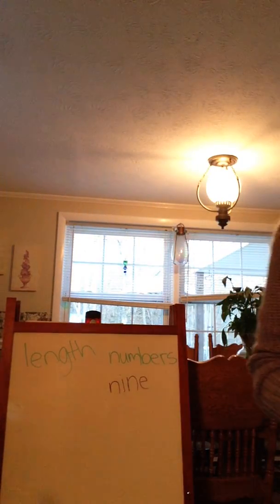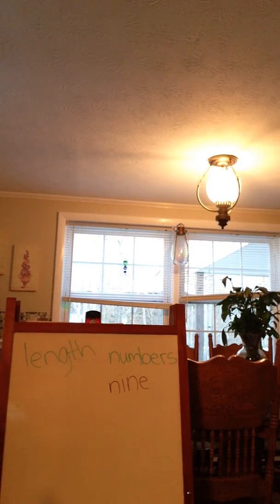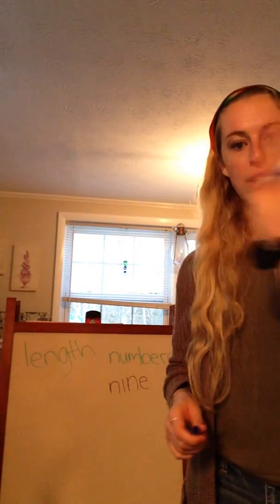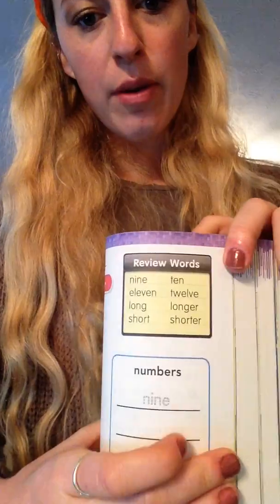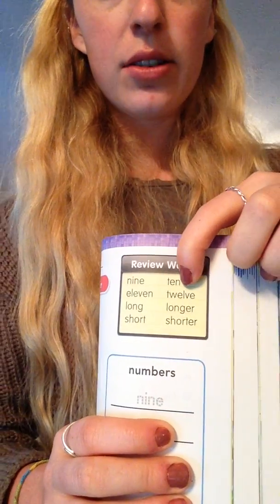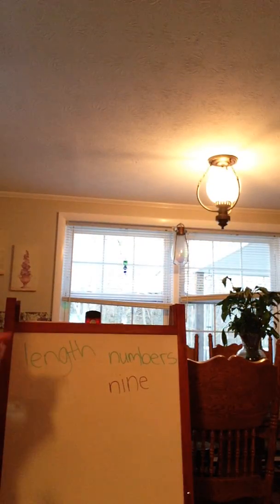What about the next one? We have the word 10 if we go across in our box. So we're going across. What is 10? Is 10 a number word or a word that describes length? It's a number word again.